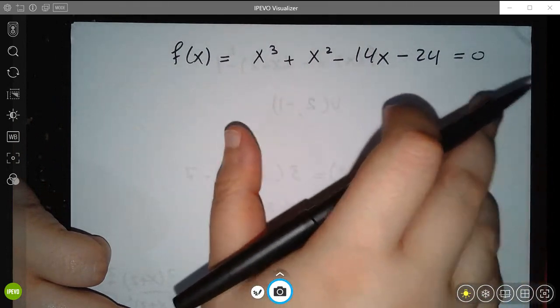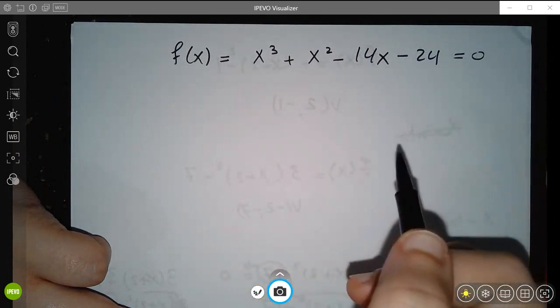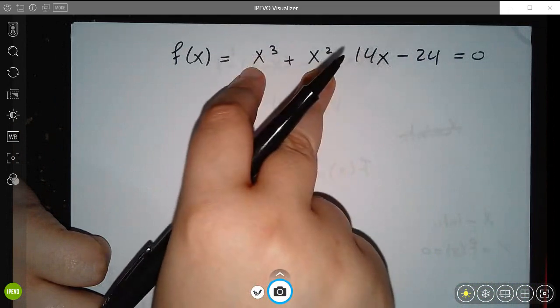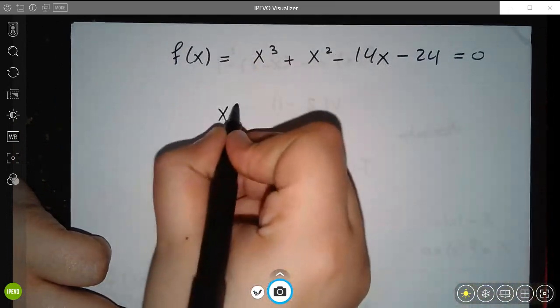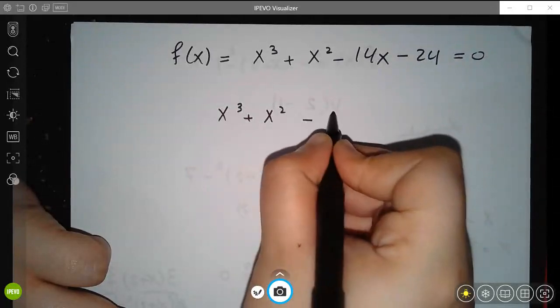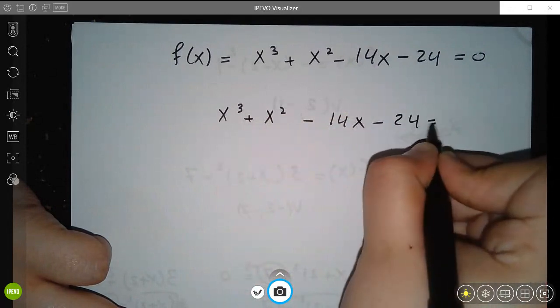So first thing you need to do is try and factor out what you can. So for example, if I grab the first two values, so the x cubed and x squared, I'm just writing it down here without the f of x, equals 0.